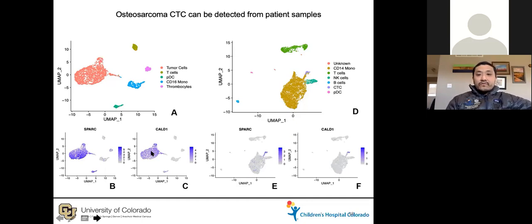Then when we take that profile into the enriched samples, we do have a large number of white blood cells contaminating the sample, which is by design. We are able to find this small cluster where there's an enriched CTC that is single cell RNA sequenced and expresses SPARC and CALD1.